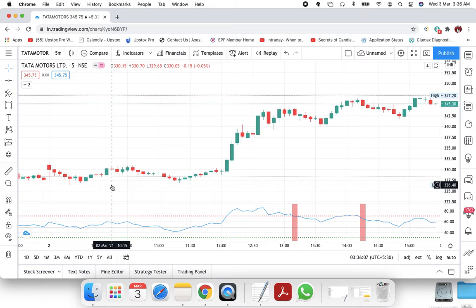If you want to catch a big fish, then you should enter into a range breakout strategy. So how does the range breakout work?